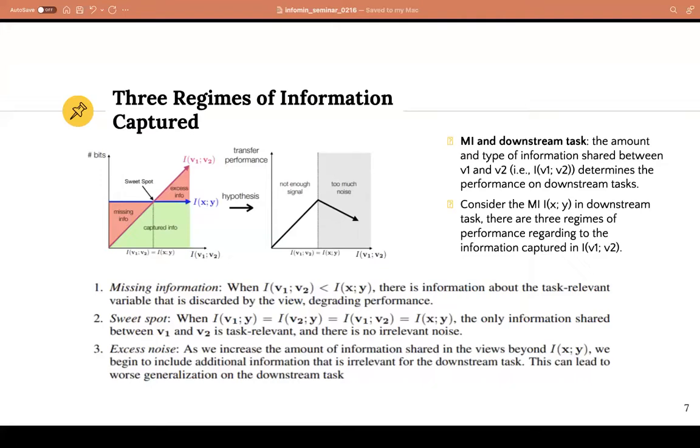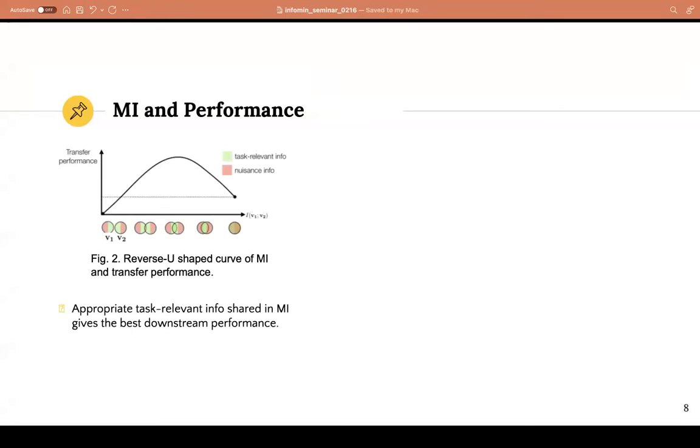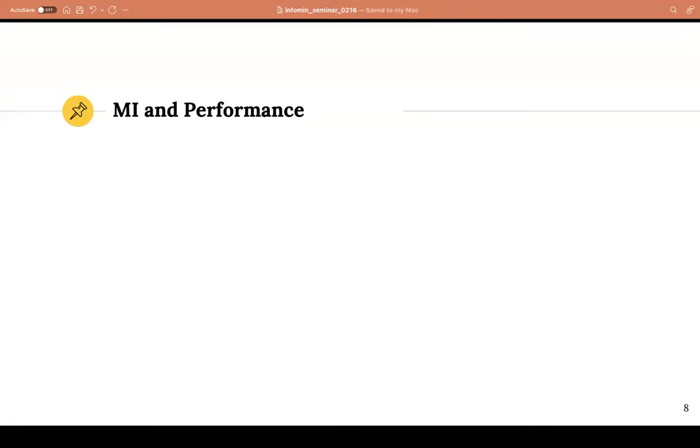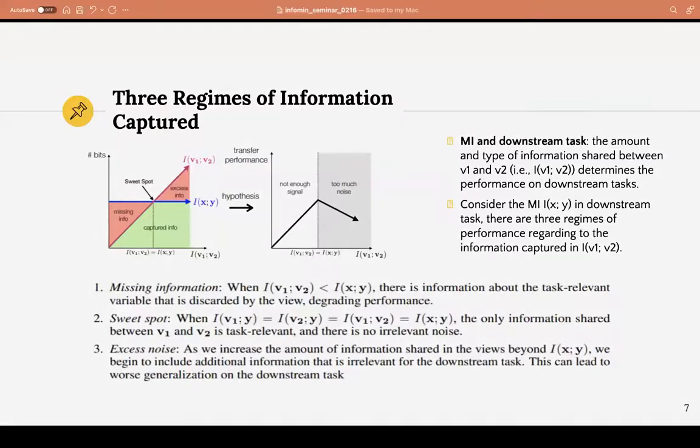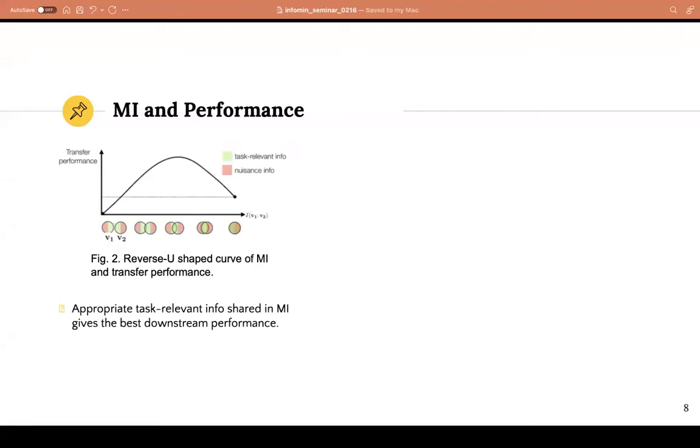And here Figure 2 is just a conceptual demonstration of what we showed here. It is like a reverse U-shaped curve, and here we have the green area representing the task-relevant information, and the other information we call the nuisance information.